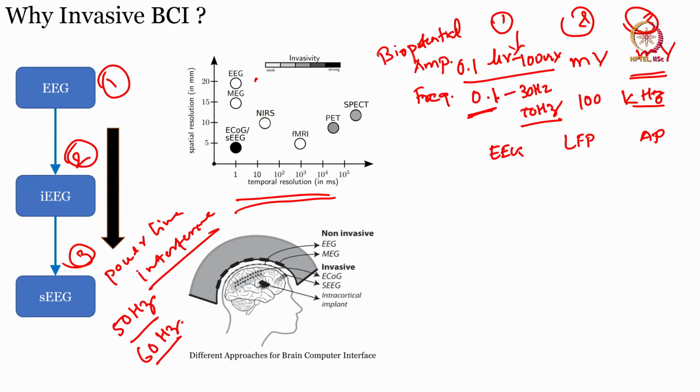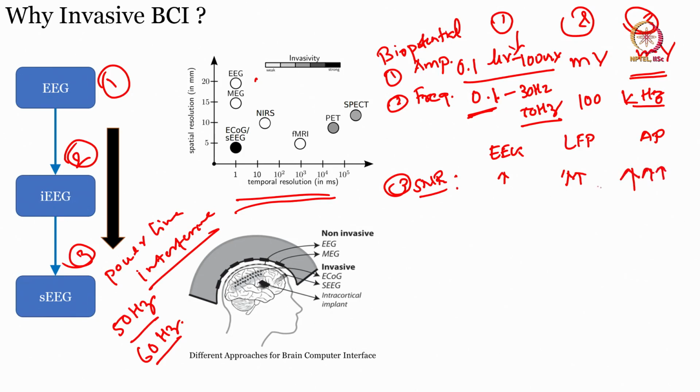Okay. So, now biopotential we have characterized in terms of one amplitude, second frequency, and finally the most important parameter is your SNR, signal to noise ratio. So, in EEG, let us say it is kind of low, whereas in iEEG it is slightly more, and in sEEG it is very high.